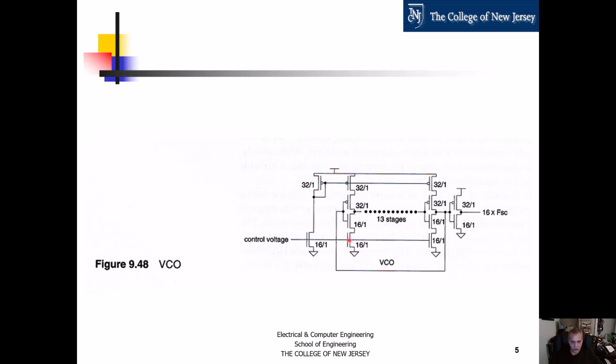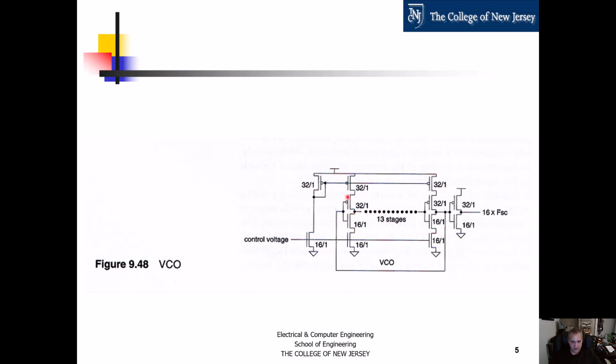As the resistance goes up, we drop more voltage across the source to drain of these transistors, effectively reducing the VDD that the inverter sees. And we know that the propagation delay of the inverter is proportional to VDD.